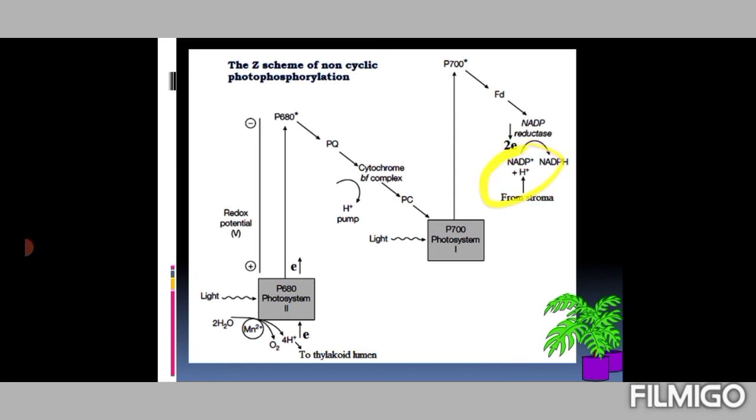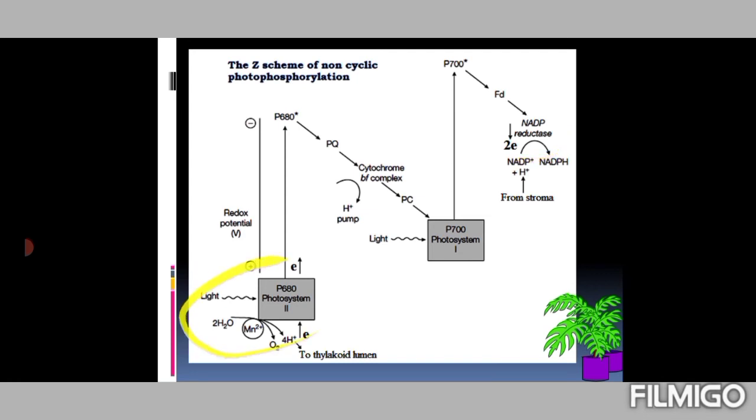This is how NADPH is formed. It is formed with the help of a couple of protons also taken from the stroma, and this is catalyzed by the ferredoxin NADP plus reductase enzyme.